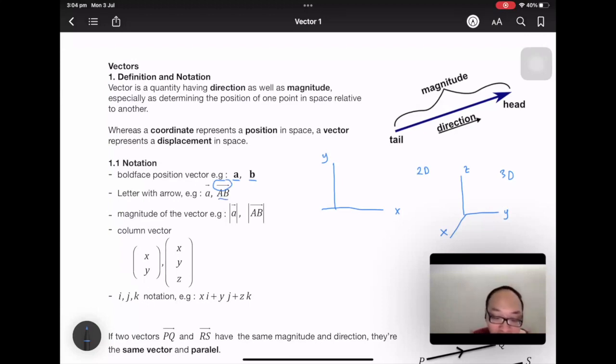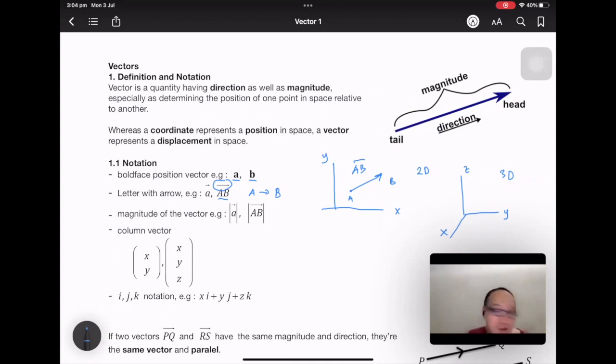So AB means the vector connecting from A directing to B, from point A to point B. This is point A, this is point B. So if there is a vector from A to B, we can call this vector AB. We can put the arrow or just put a line on the top.